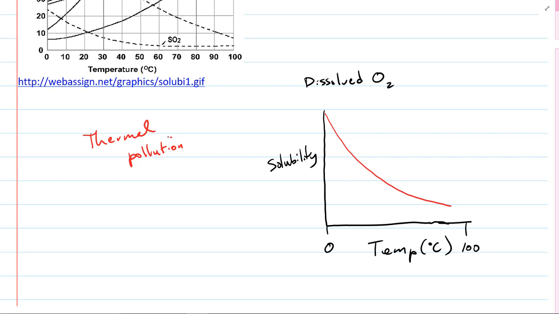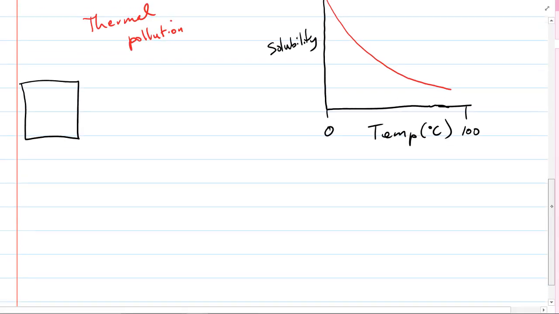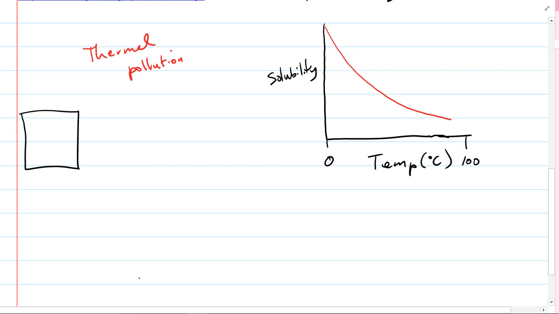One of the examples I can give is when I was an undergraduate student, I worked for an electric power plant, and this was down in Iowa on the Missouri River. The electric power plant sat up on a hill, something like this, and then the Missouri River sat down below.